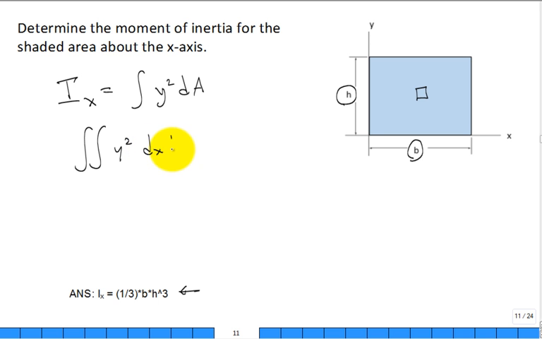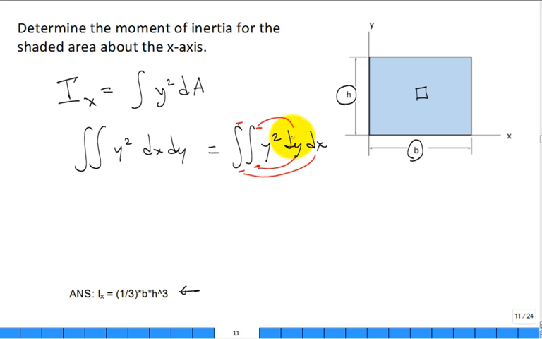And you could put dx dy, or you can put the double integral dy dx. It doesn't matter, does it? But you just have to be consistent. These are the limits for the y, and these are the lower and upper limits for the x. So they have to match.